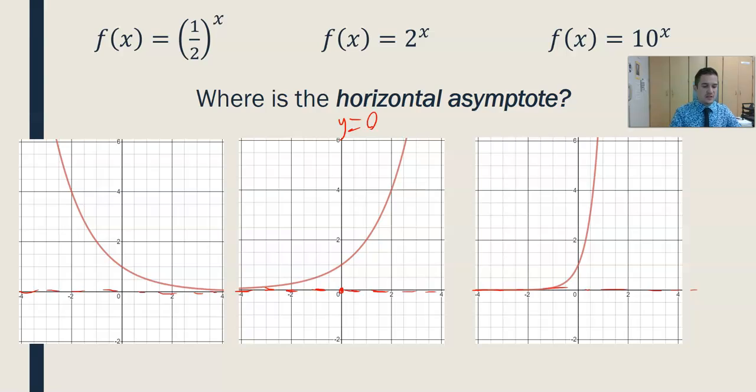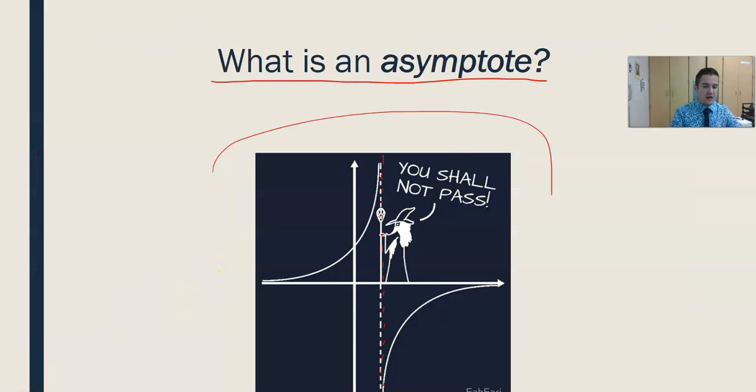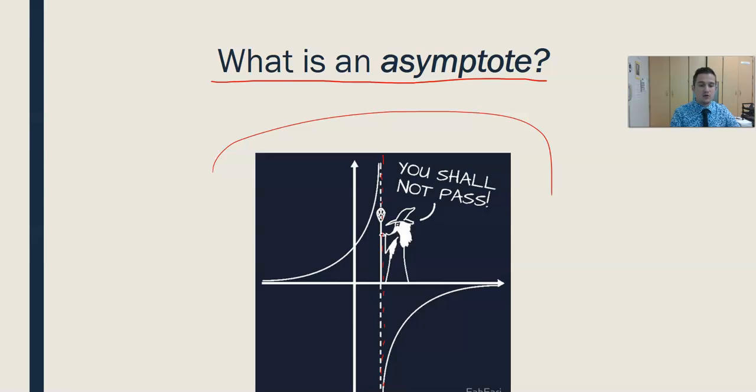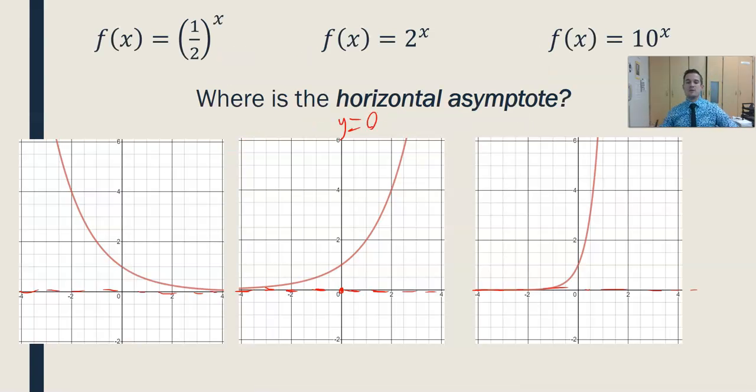You noticed before we had the range outlined on each of these functions as going from 0 to infinity. Since the range is from 0 to infinity, that helps me to determine that the horizontal asymptote is going to be at 0. I can't go any lower than that, so the asymptote is going to be at y equals 0.